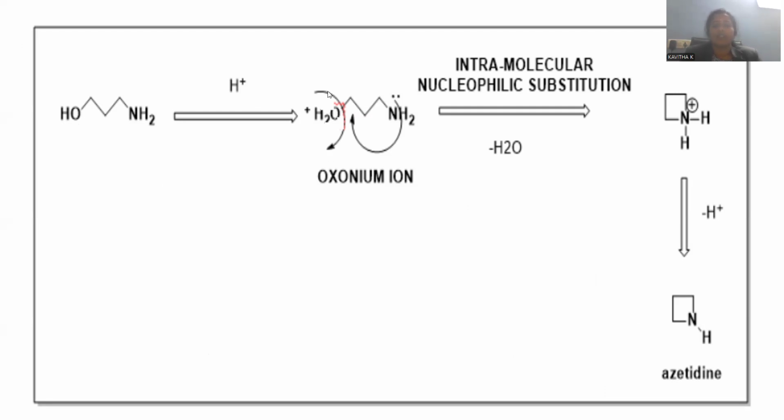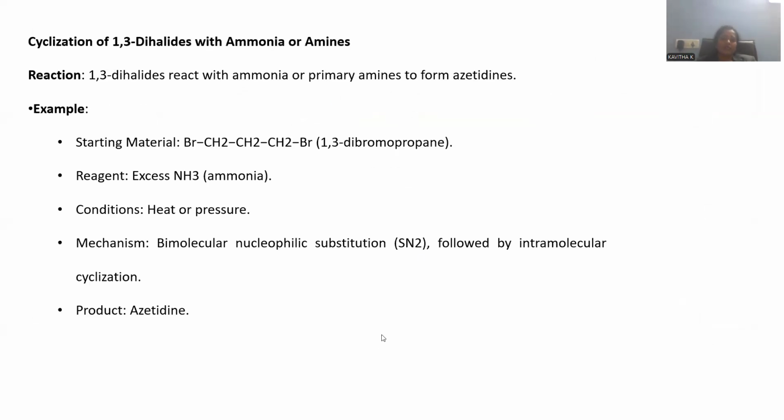That oxonium ion is easily removed simultaneously. The lone pair of electrons is going to cyclize with the carbon atom. Intramolecular nucleophilic substitution is carried out, so that you can notice the azetidinium cation, which will be deprotonated, because initially we added H positive, so deprotonation is carried out, giving rise to azetidine as the final product. This is the way synthesis starting from hydroxyamines is possible.